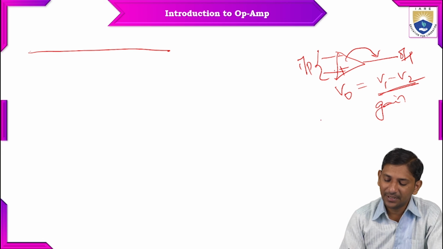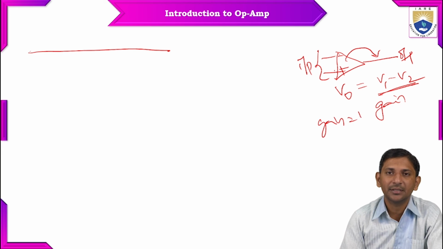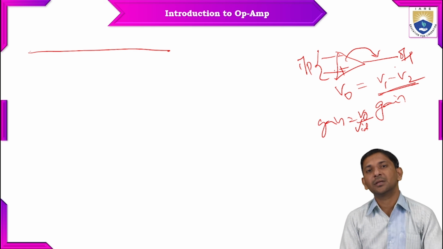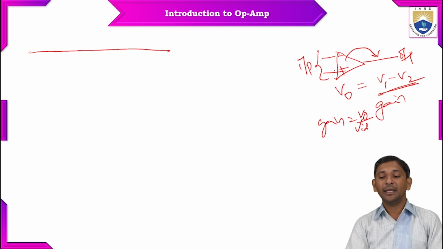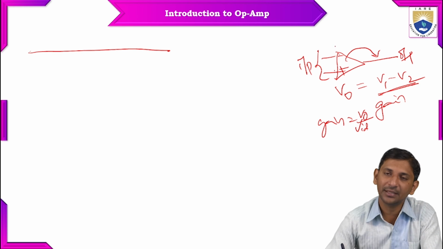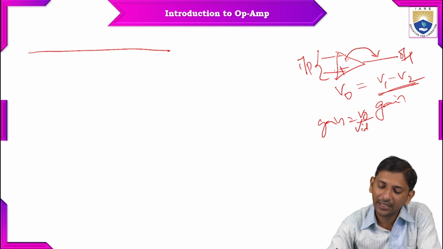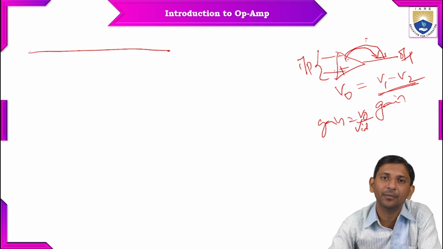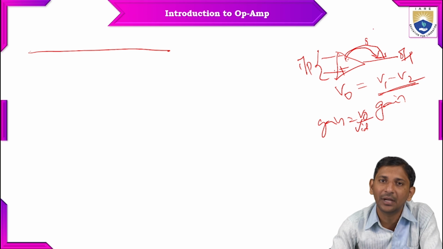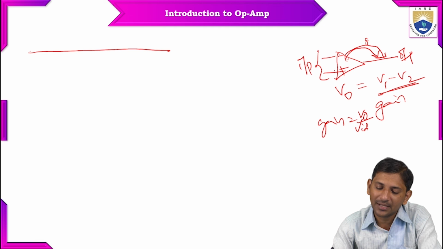So what is gain? Gain can be calculated by using this output response divided by the difference of your inputs, which is V1 minus V2. So if that gain is more, this operational amplifier can perform an operation along with the gain, improving the output level. So the amplification process also can be done.